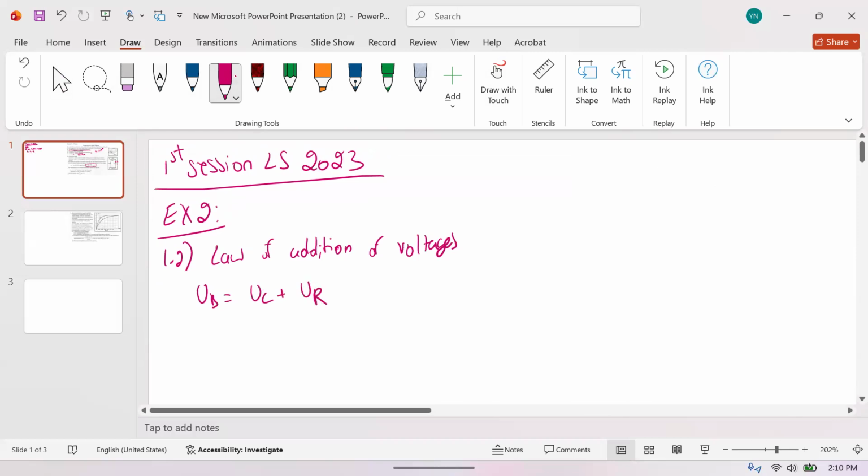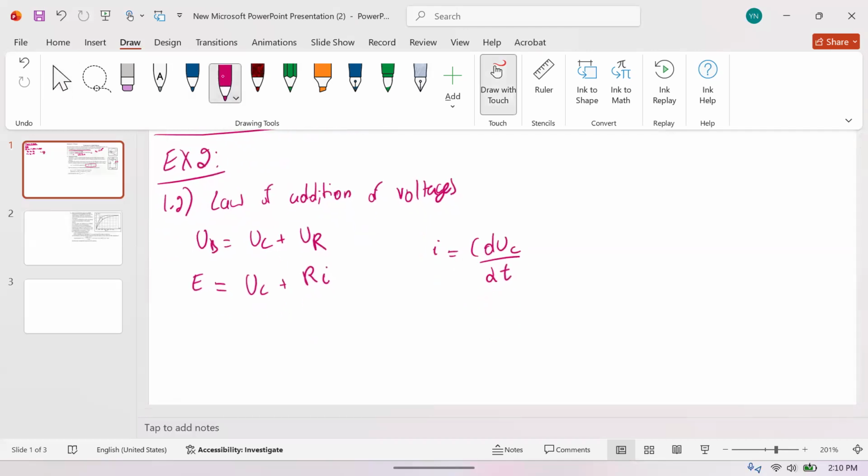The second step, we have to replace them by their formulas, which is E equals UC. We need UC, so we keep it. Plus UR, which is the resistor, so we replace it by Ohm's law. As I said before, we can only have UC or I or Q. Since we want UC here, I will replace I by C dUC over dt, and it's also explained in the previous video.